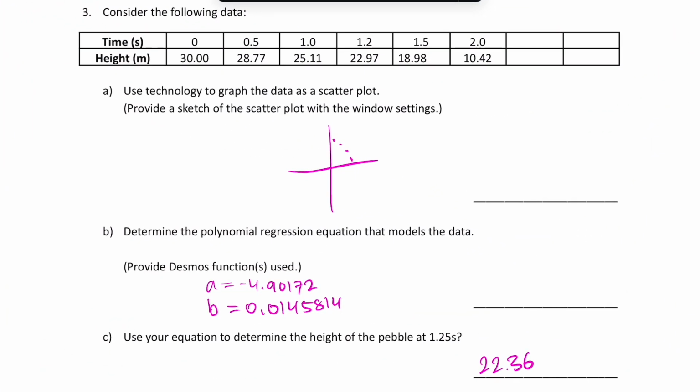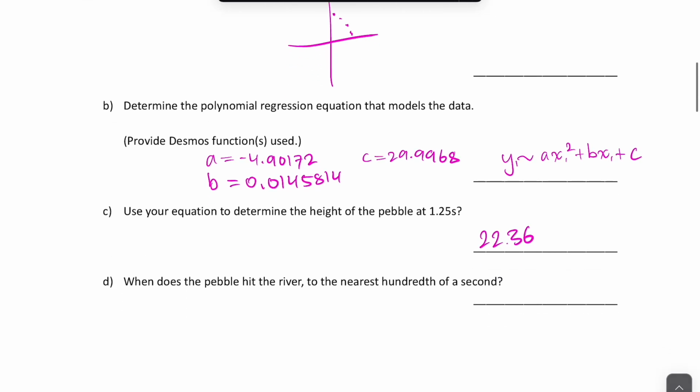C is 29.9968. And then y equals ax1 squared plus bx1 plus c. Sweet.